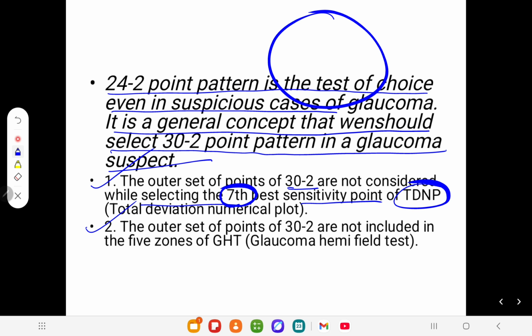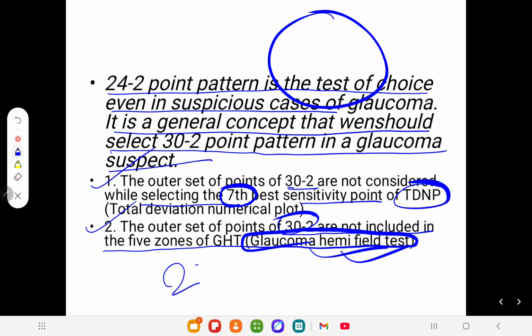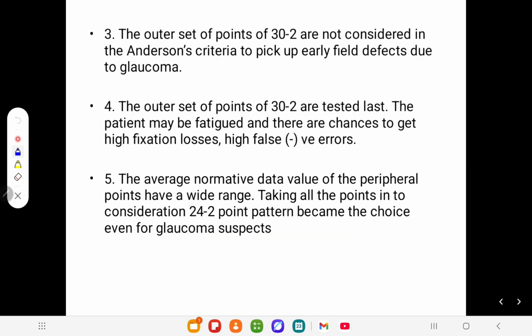Just remember that. The outer set of points of 30-2 is not included in the five zones of the glaucoma hemifield test. So basically, the outer zone of 30-2 is not included in the glaucoma hemifield test. Then definitely 24-2 area is sufficient for the glaucoma hemifield test.